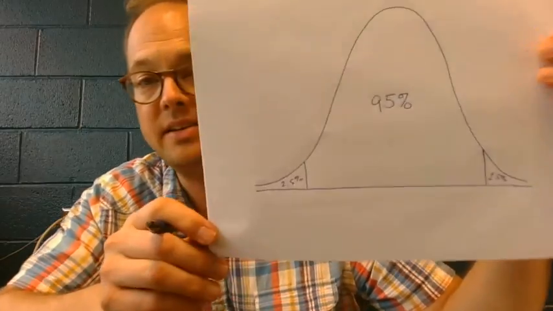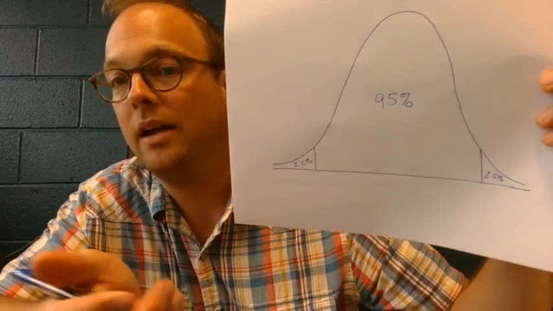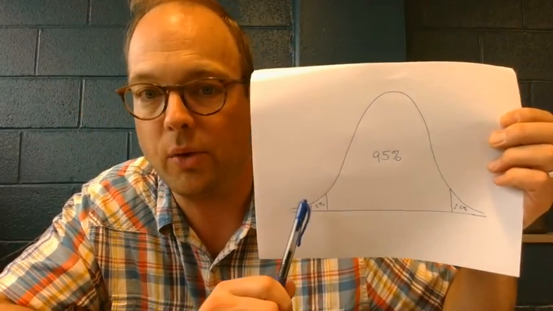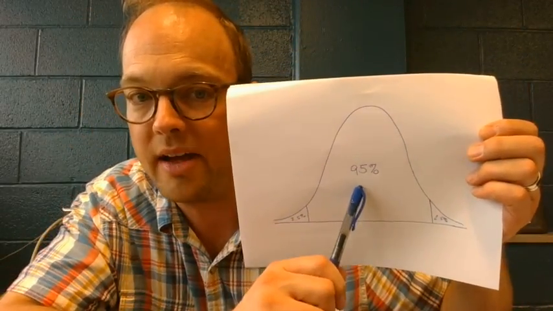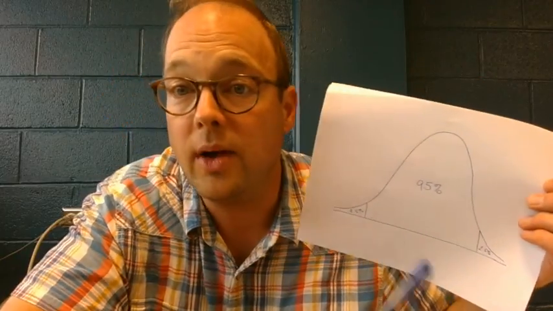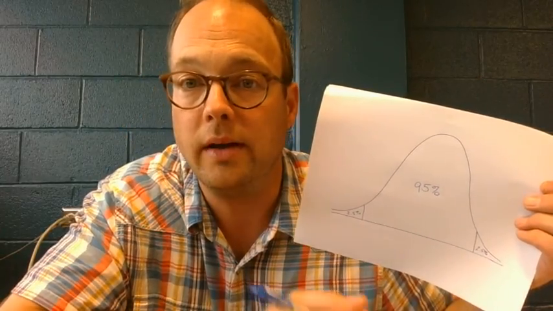What do you think? If you said 2.5%, you are correct. And guess what? Here's a little addition for you. What's 2.5% plus 95% plus 2.5%? You got it, 100%.